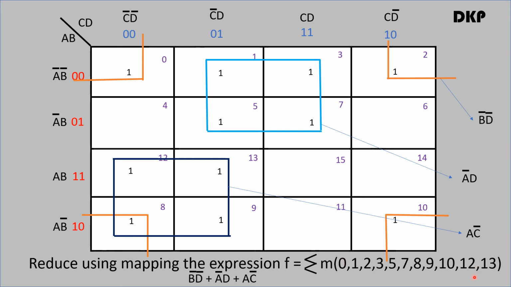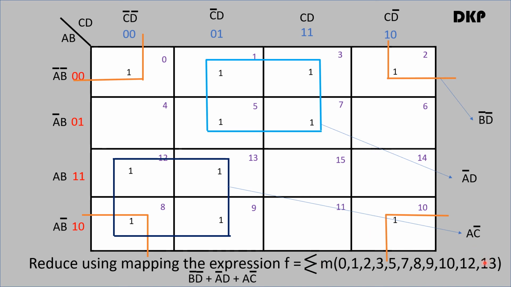Now which minterms are absent here? 0, 1, 2, 3, 4 is not there. 4 is absent. 6 is absent. 4, 6. Then 8, 9, 10, 11 is absent here. 14 is absent and 15. So those can be considered as max terms.